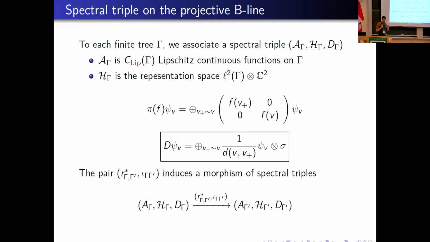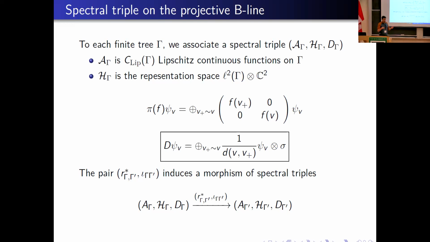So you can start simply from the fact that the Berkovich line is the inverse limit of finite rooted trees, and you can construct a spectral triple on each of these trees. This is a usual construction in spectral triples. For now we are in the commutative case, so you take A to be the Lipschitz continuous functions on the graph, you take your Dirac operator to be defined usually by the Pauli matrix, and the eigenvalues of the Dirac operator will be related to the distance between the vertices on your graph.